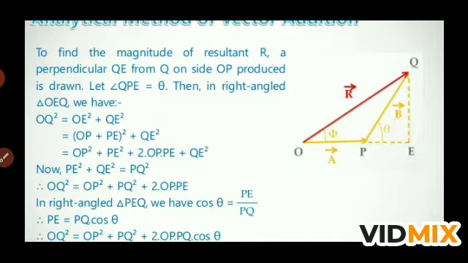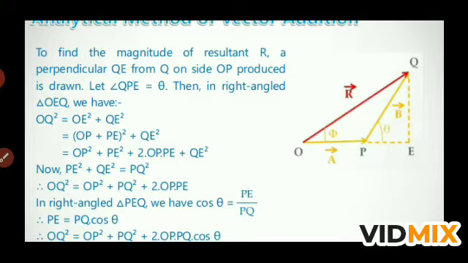Applying the Pythagoras theorem in the right angle triangle OQE, OQ square is equal to OE square plus QE square. Now put in all the values. In place of OE we can write OP plus PE, because OP is produced forward.